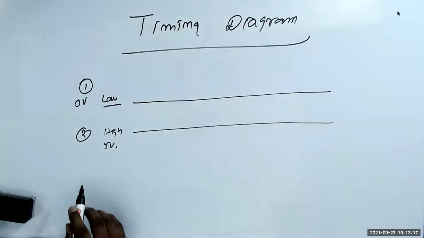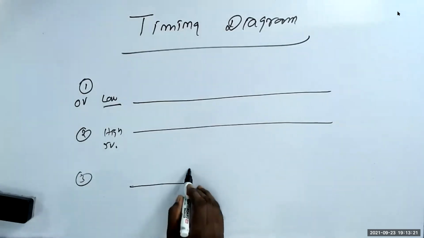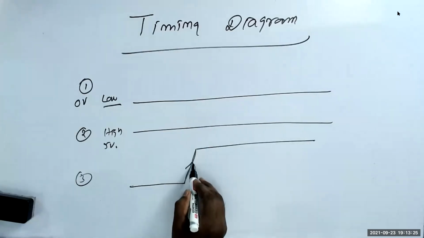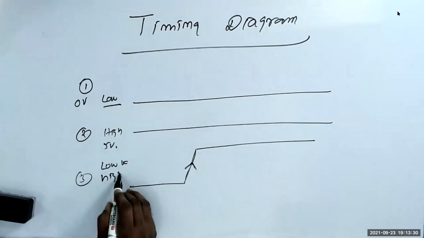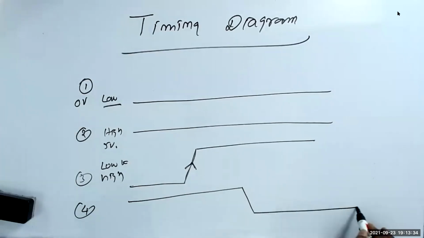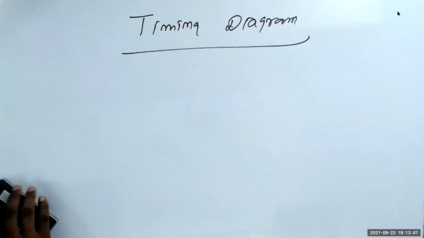That is fine. Third thing is low to high. Fourth one is high to low. These are 4 you will see. But what you don't understand is the 5th one. That's a confusion.